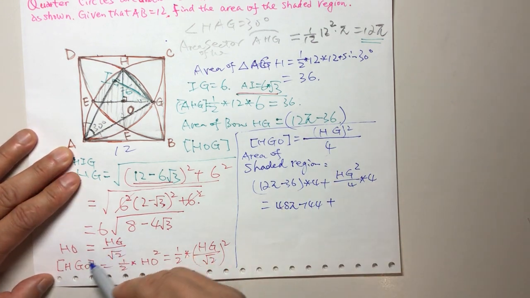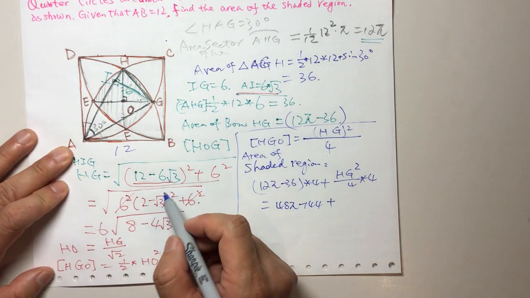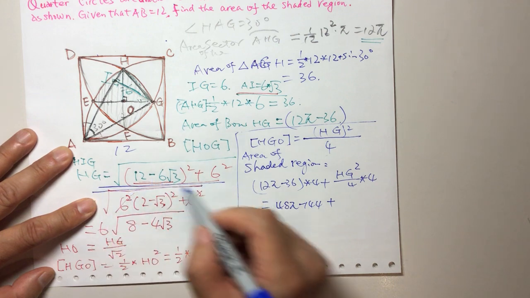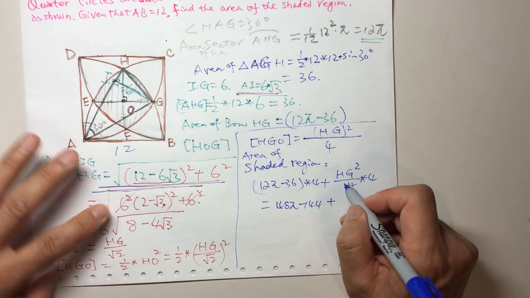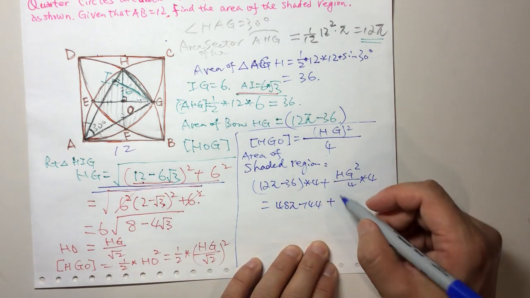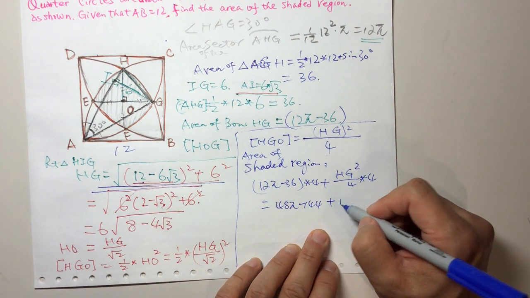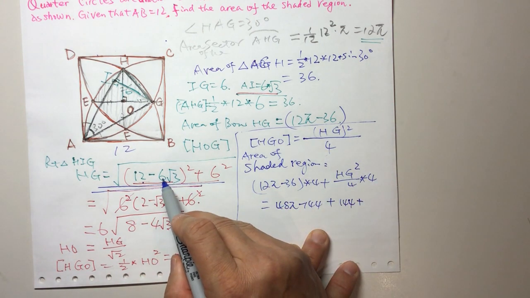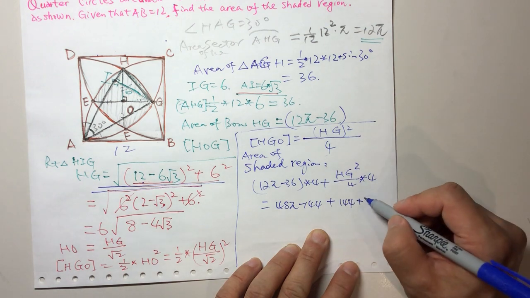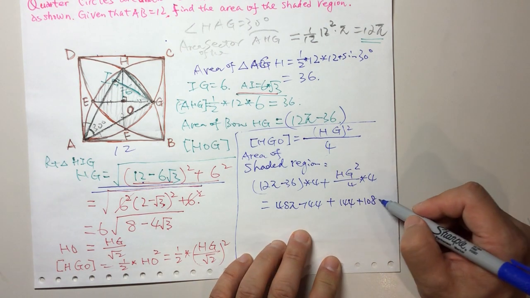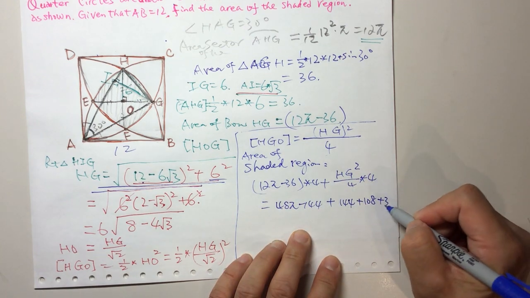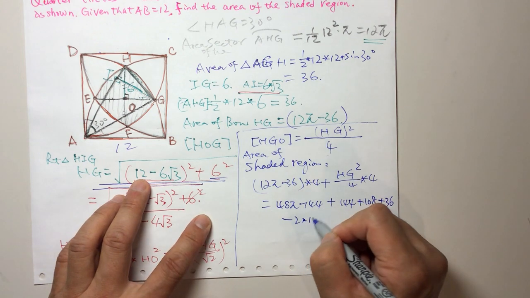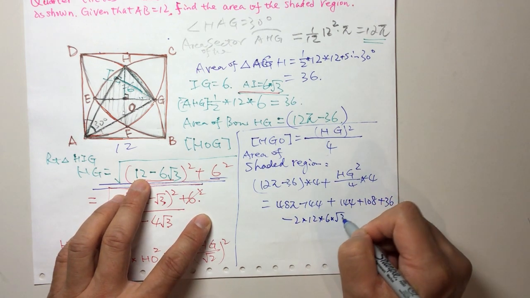Plus HG squared. So HG squared, we just use this one. Inside this one, the square, it will be 144, right? 12 squared, plus this 36 times 3, 108. Then plus this square, 36, then minus 2 times 12 times 6 times square root of 3.